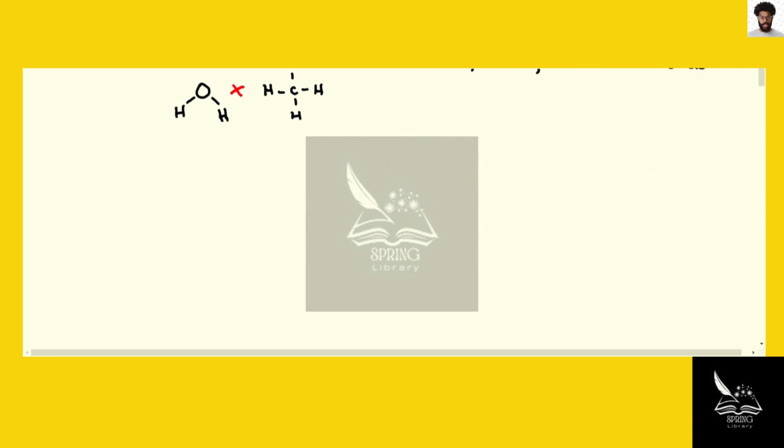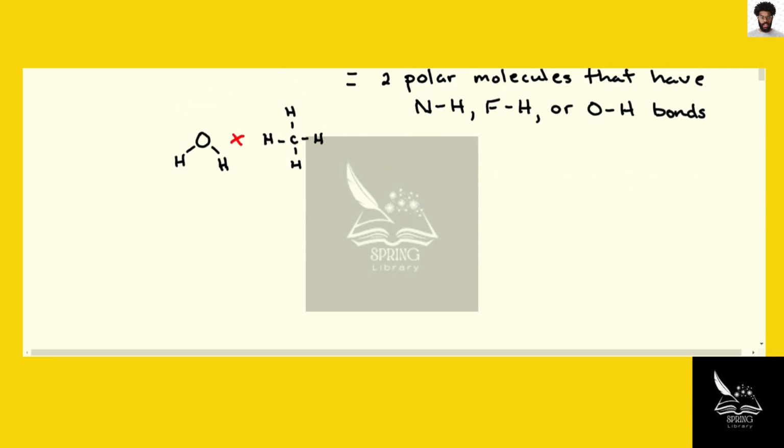The next one is H3N. Usually it's written as NH3, which is polar because the nitrogen has a lone pair, so this is asymmetrical, and we see an N to H bond there.